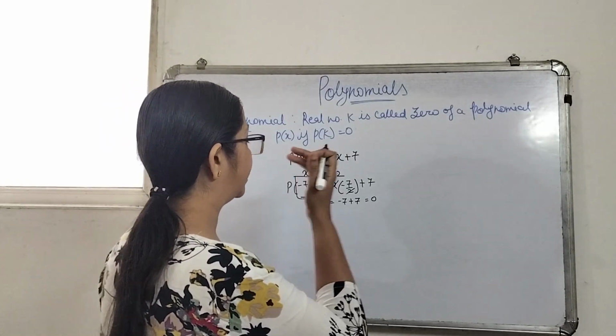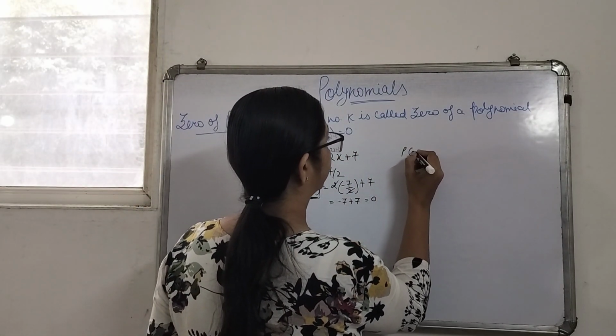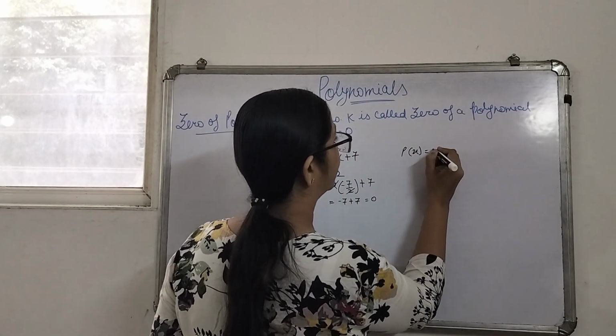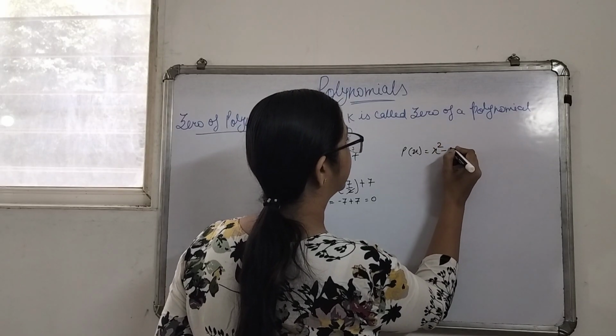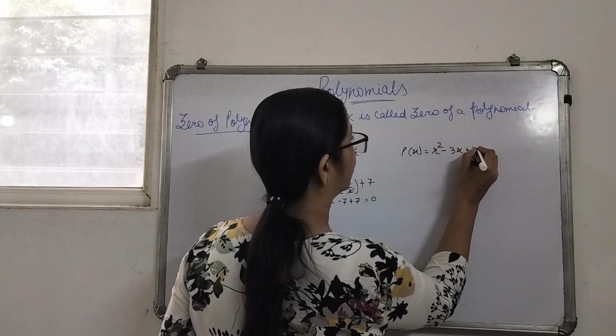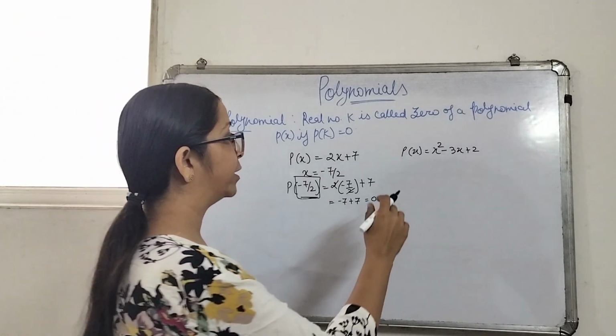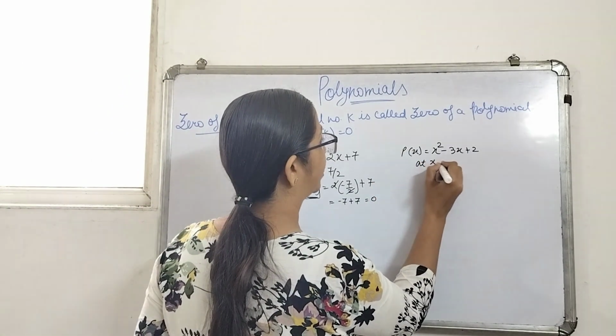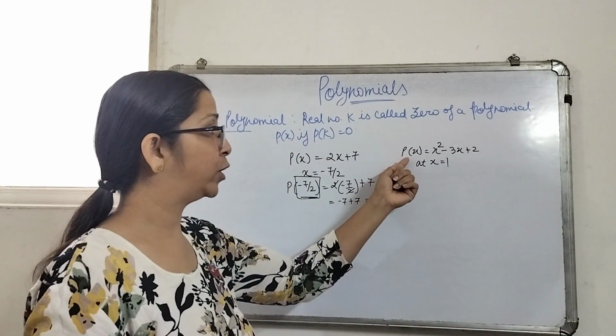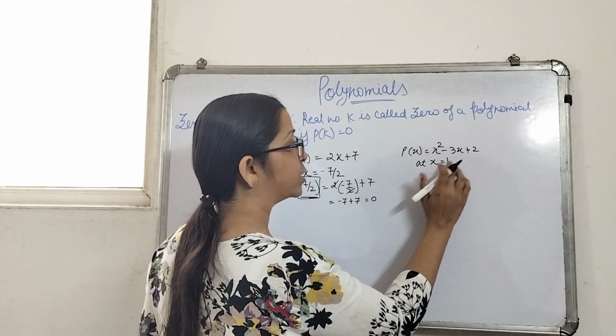Another example: suppose we take p(x) equal to x square minus 3x plus 2. If we take x equal to 1, we are finding the value of the polynomial, so we replace x by 1.